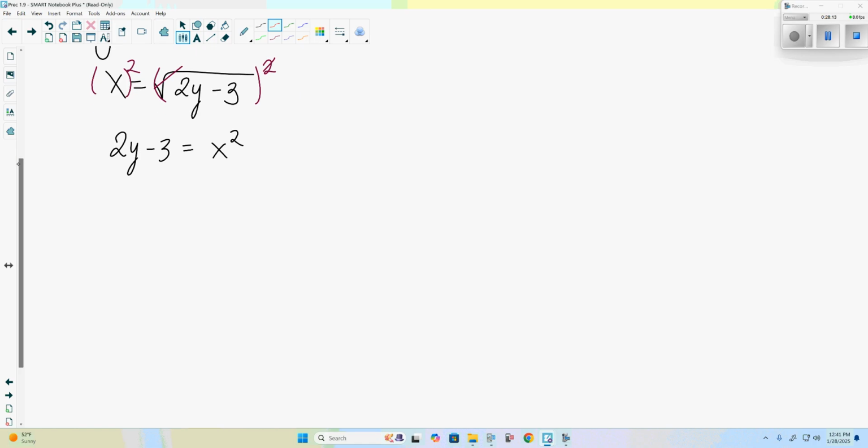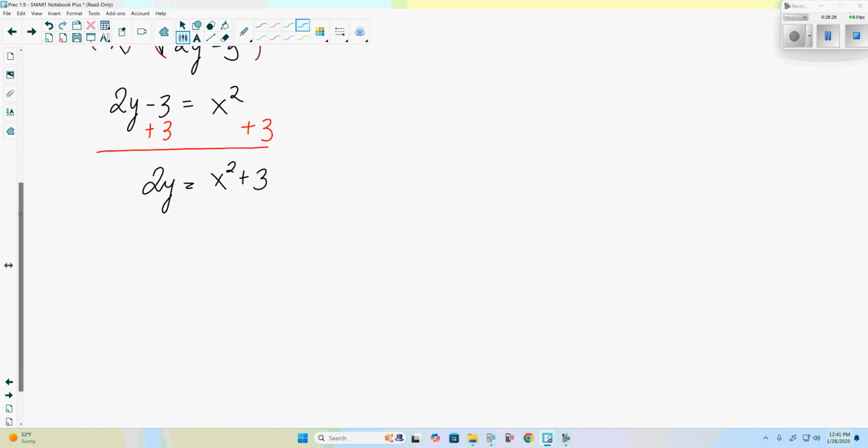What can we do next? We'd add 3 to both sides, telling us that 2y is equal to x squared plus 3. And lastly, divide both sides by 2, telling us y is equal to x squared plus 3 over 2.